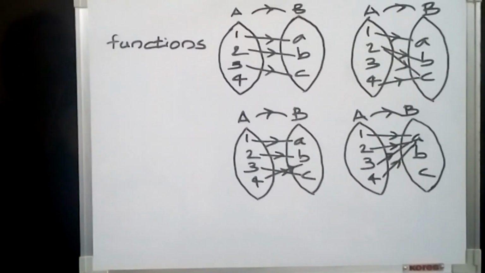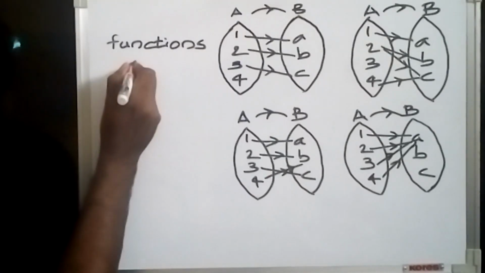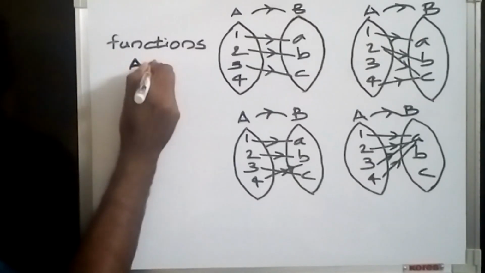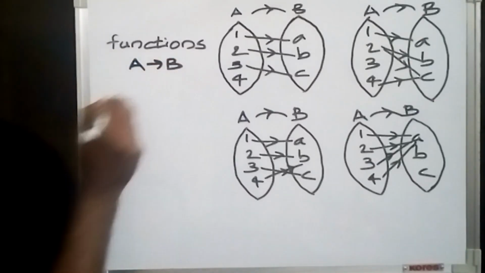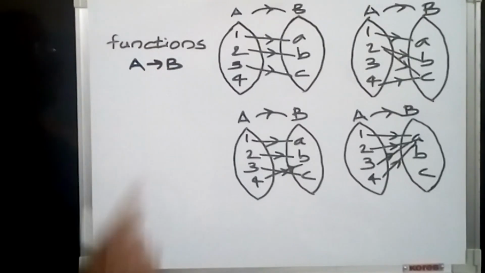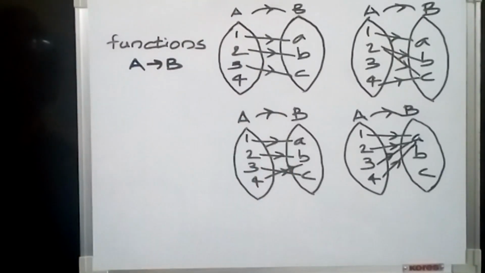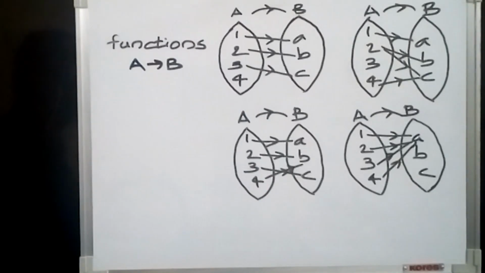A relation defined from set A to set B is said to be a function if every element in A has one and only one image in B. You recall what you studied in the last year?